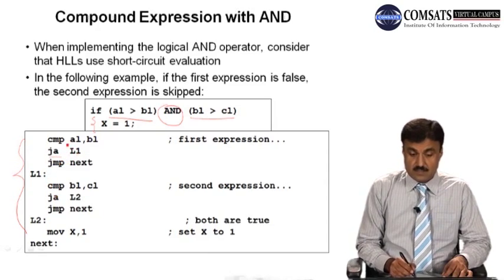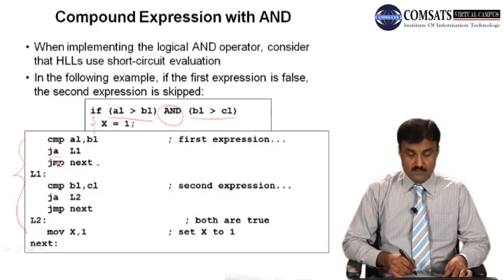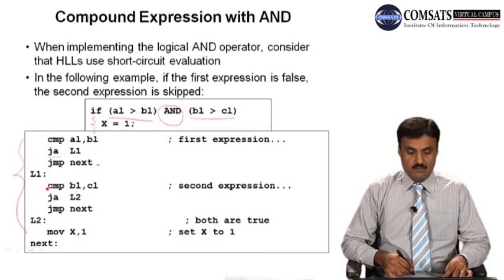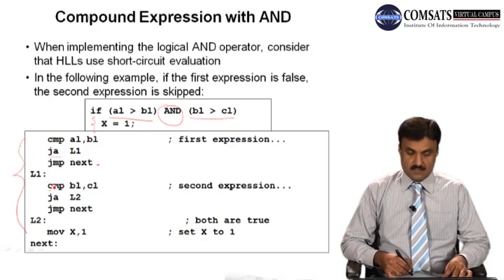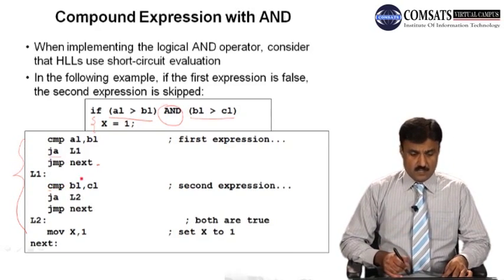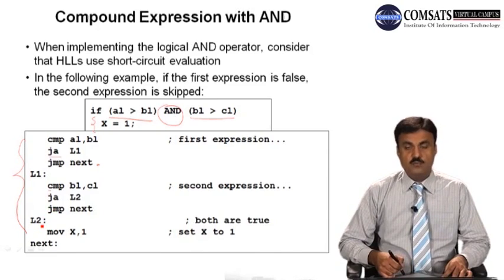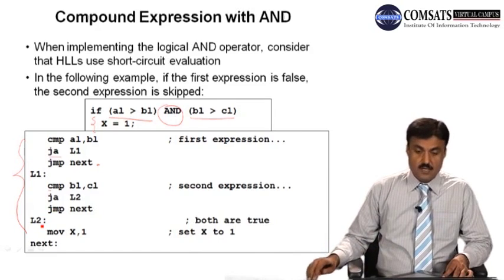Otherwise, if this condition is false, or AL is not above BL, then we will jump to the next label, which is the exit from this condition. If this condition is true, we will jump to L1 and compare the next expression. Similarly, if the next expression is true, then we will jump to L2, so we will move value 1 to x, and so on.